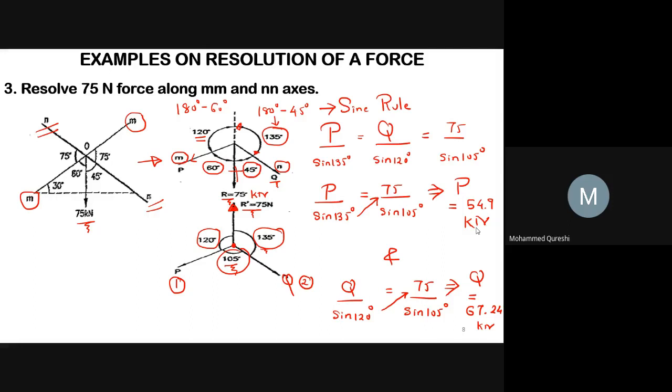Likewise, you may solve all the examples related to orthogonal and non-orthogonal axes. It is simple. You just have to use the sine function, and you may use the component along x and component along y for solving the orthogonal components.